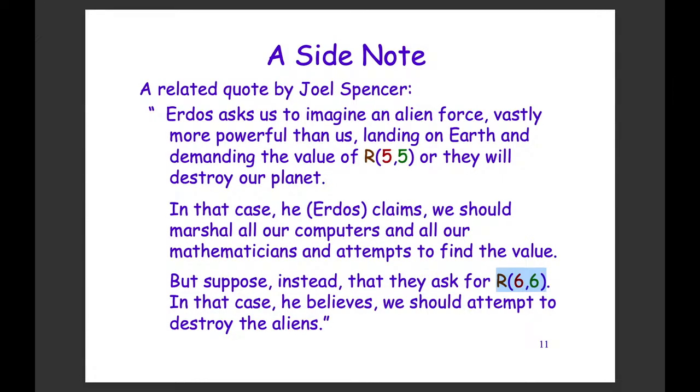So we should really fight back against the alien, whether or not we have any chance to win. So R55, R66, these values are still open. Nobody knows. Sometimes we can have an upper bound, sometimes a lower bound, but these bounds are not matching. So nobody knows the exact value of these terms.